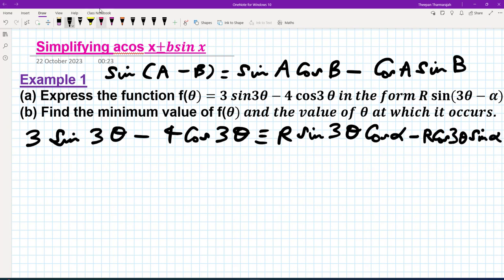So now we can equate the coefficients. So 3 is exactly the same as r cos alpha, and, be careful, there's a minus here and a minus here, so 4 is exactly the same as r sine alpha.